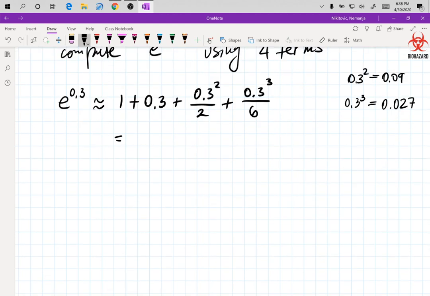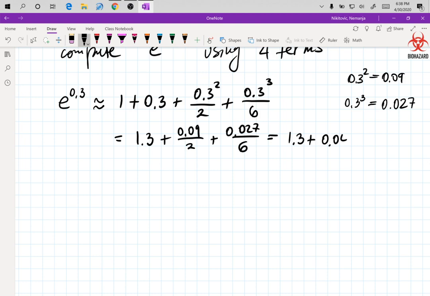All right. So now, plug these in and compute. So that's 1.3 plus 0.09 divided by 2 plus 0.027 divided by 6. A little bit more calculations without a calculator. That's going to be 1.3 plus 0.045 plus, and now we have 27 divided by 6.